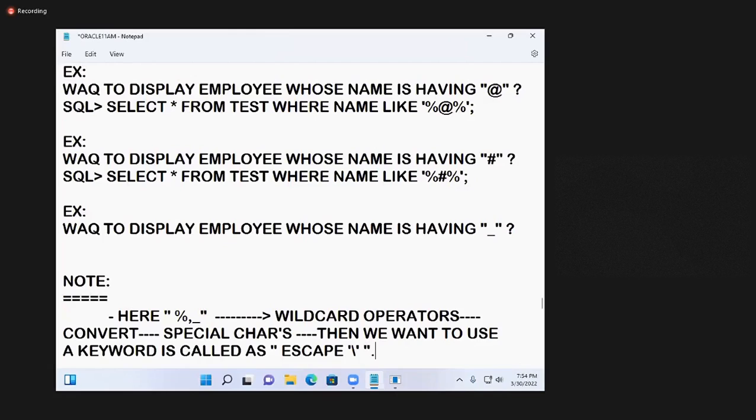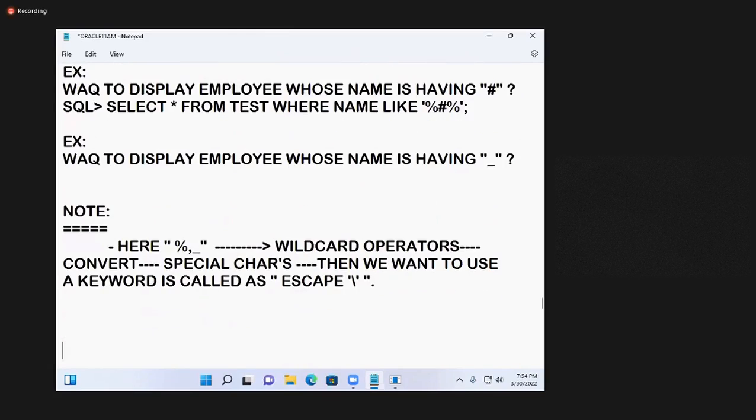This statement should be used when you want to convert your wildcard operators into special characters. Escape slash.